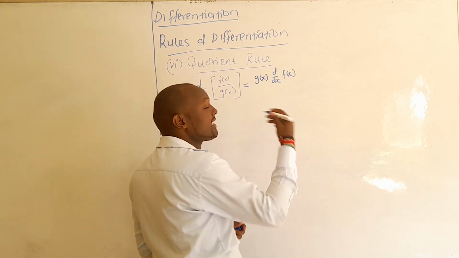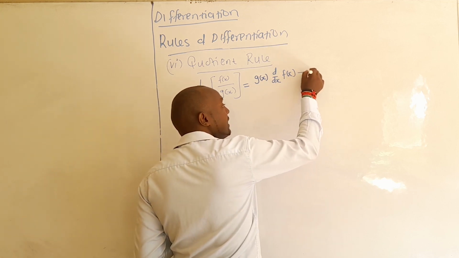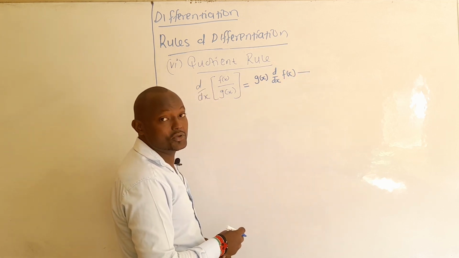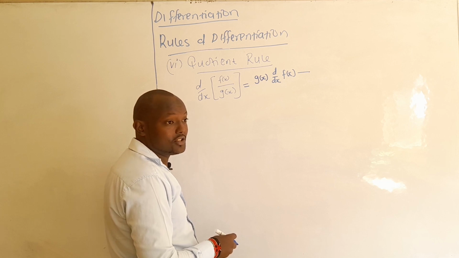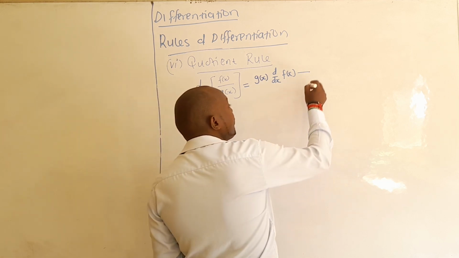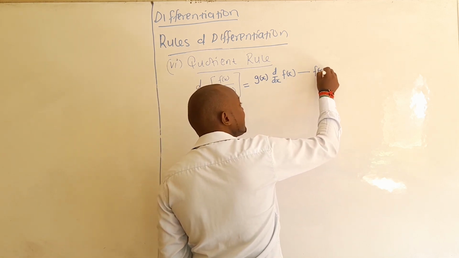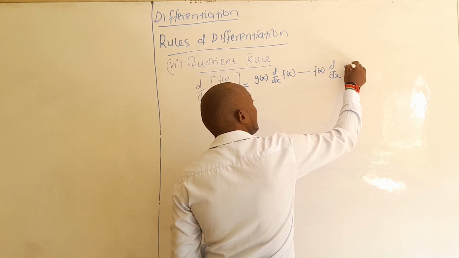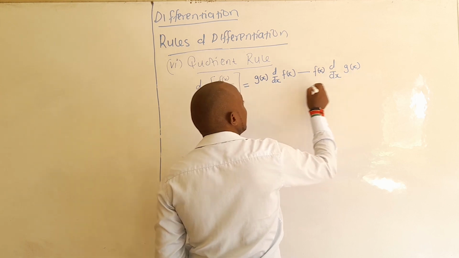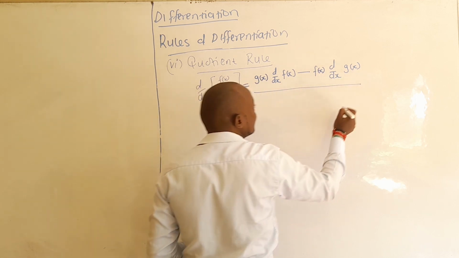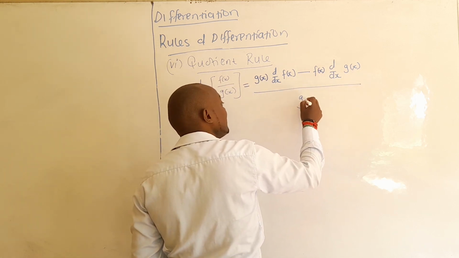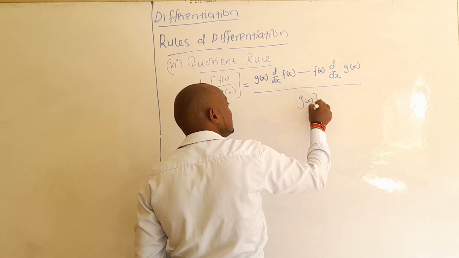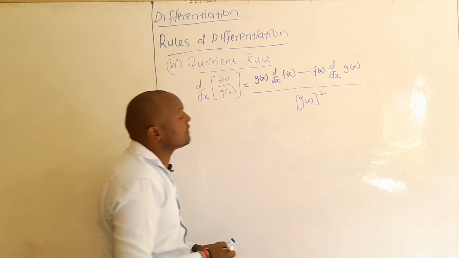Then, unlike the product rule where we are using an addition sign, in this case we use a subtraction sign. So with this one now, you treat your numerator constant and now you differentiate the denominator. And unlike the other one, this one must be over g squared, our denominator squared.